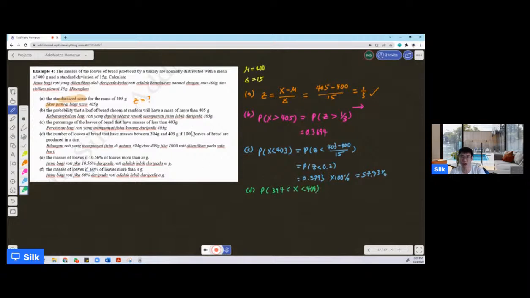If total, I got 100 bread. So first, I find the probability. What is 394? I change to Z-score first. Everything I change to Z-score.